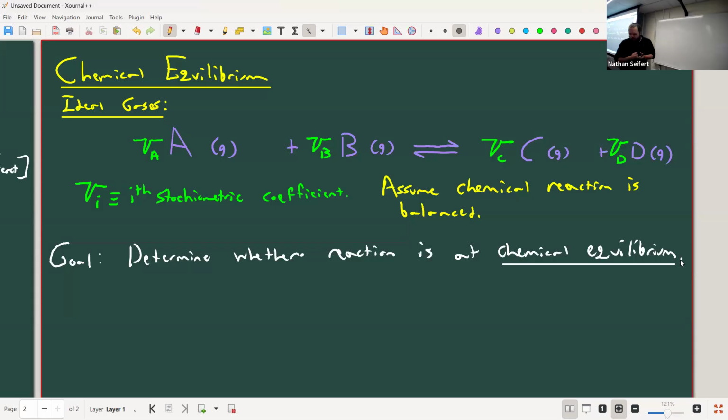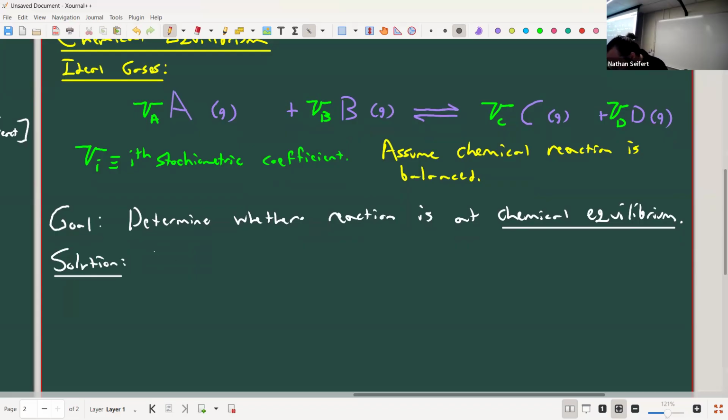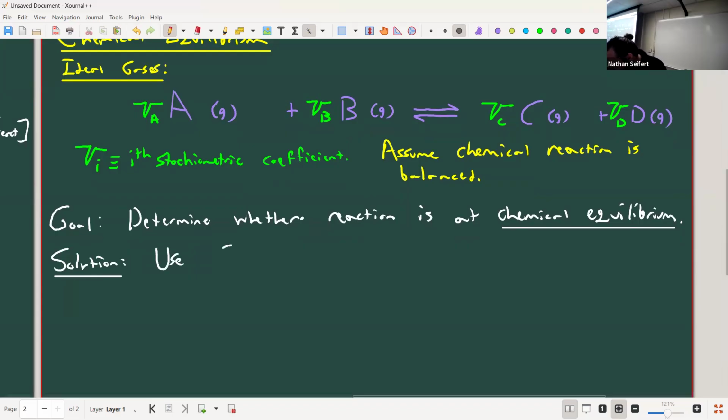Delta G will solve both of those problems for us. We're going to use Gibbs free energy, which is again a function of N, P, and T.